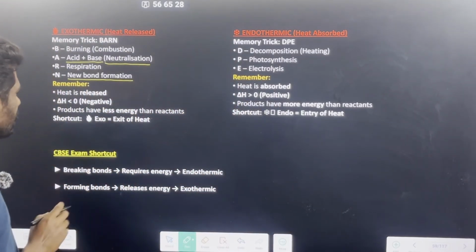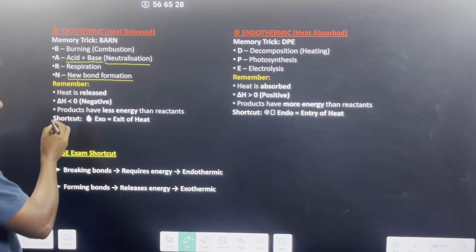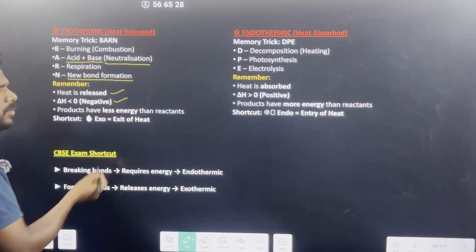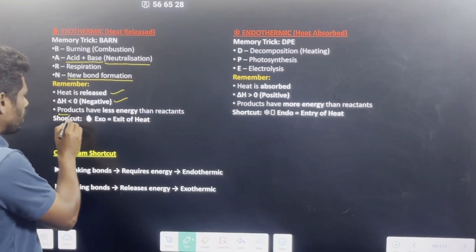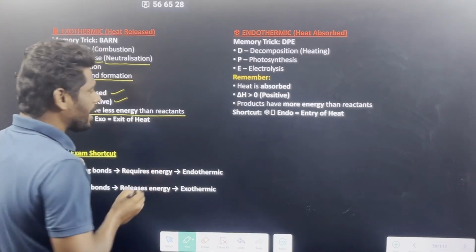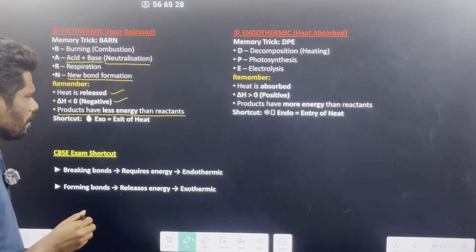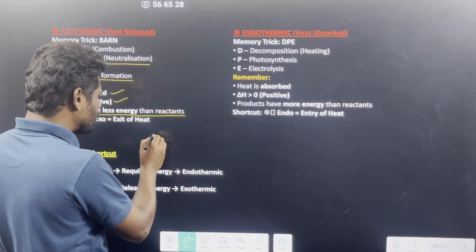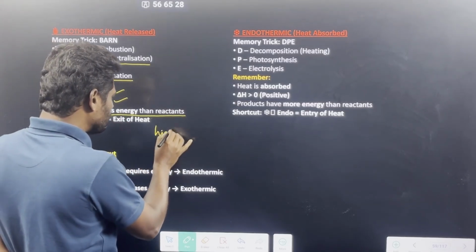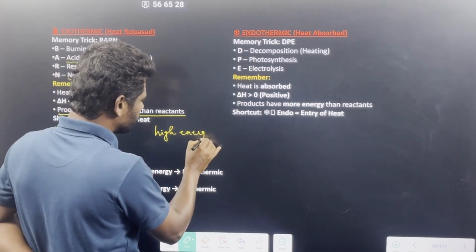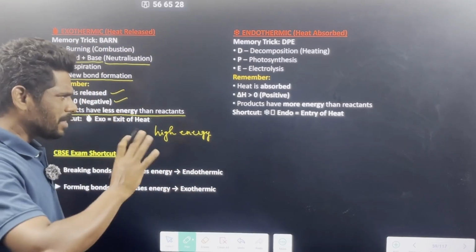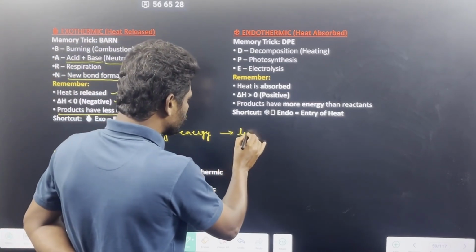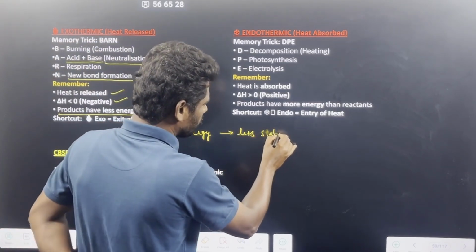One more important point you need to remember here. In exothermic reactions, as we said, heat is released, it will be negative in form. Products have less energy than reactants. In chemistry, we need to remember one point. When the substances have high energy with them, they will have less stability.